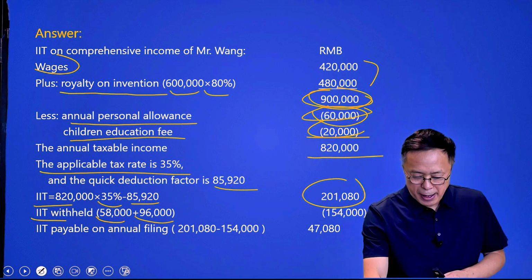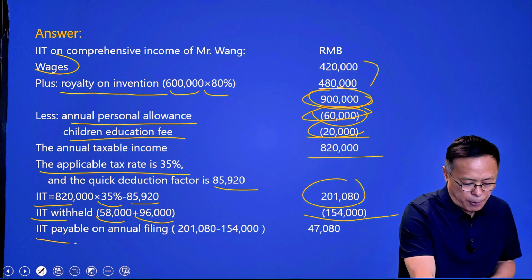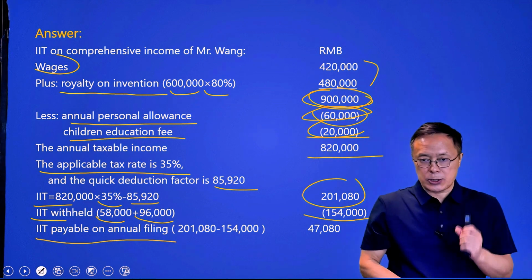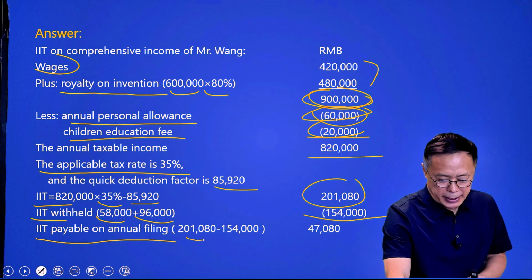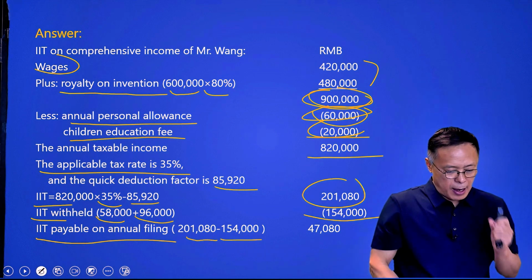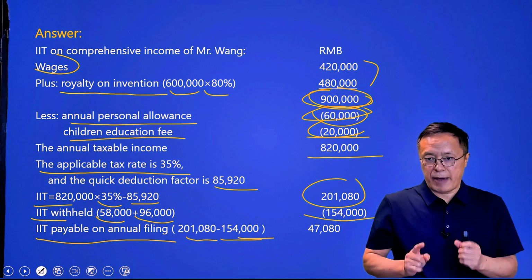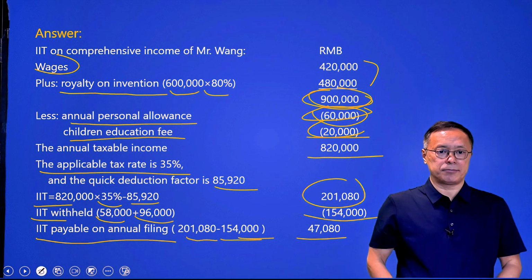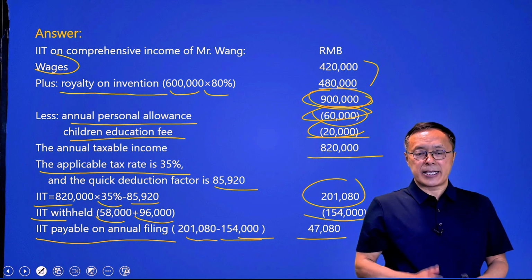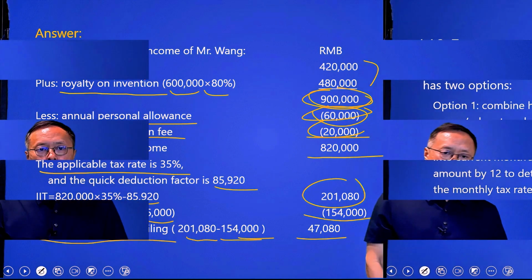So the total withheld tax is 154,000. Here, IIT payable on annual filing equals IIT 201,080 minus IIT withheld 154,000. The value is 47,080. Well done, we finished the answer.